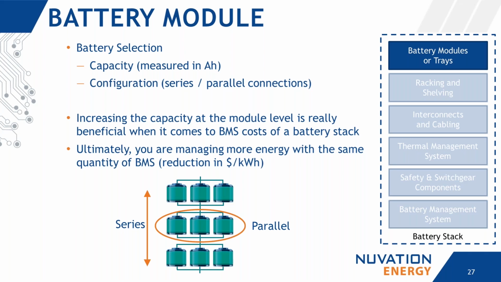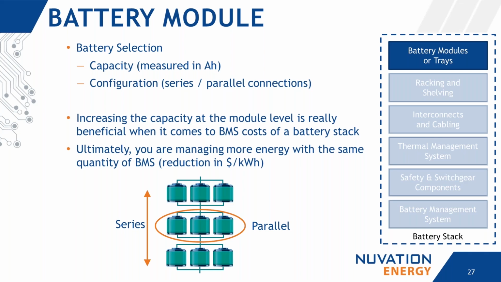Increasing the capacity at the module level is really beneficial when it comes to BMS costs. By increasing the capacity, it can reduce the amount of duplicated hardware. Ultimately, you are managing more energy with the same quantity of battery management system, which leads to a reduction in dollars per kilowatt hour.